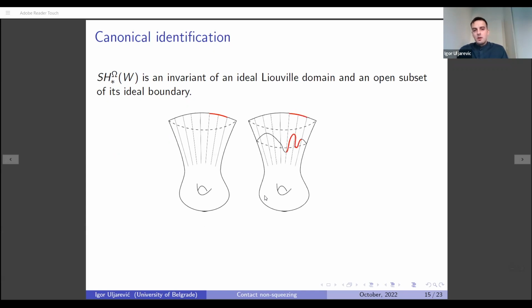So that means we choose a boundary this time that intersects all the flow lines that start at the boundary of the initial Liouville domain. I colored by red the projection of the set omega to the new boundary with respect to the Liouville flow. So the Liouville flow projects omega to some new subset. And then I consider a new Liouville domain.